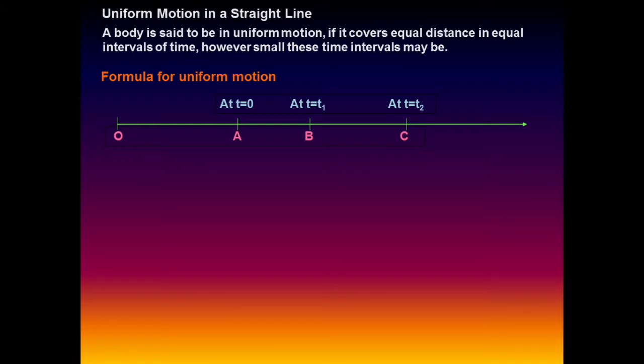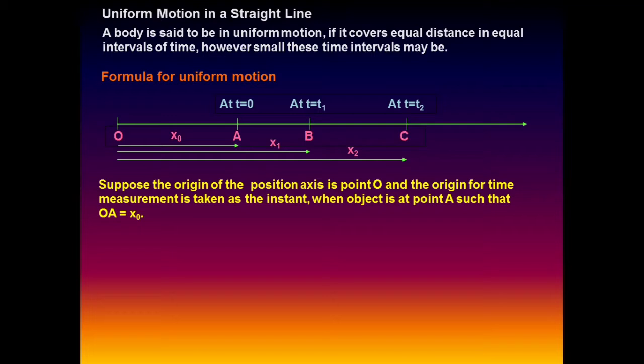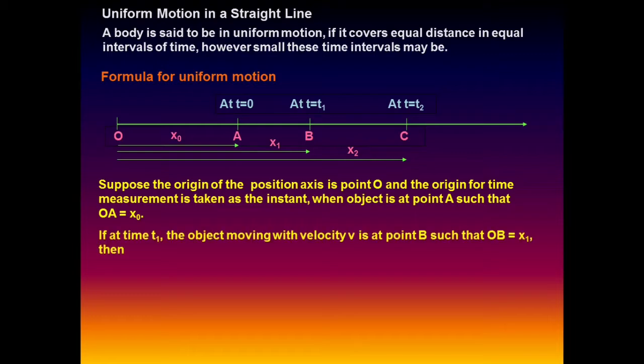Now we can calculate the velocity of the object at the intervals, right? Now that we have taken the first position, OA which is equal to x0, and similarly OB which is equal to x1 and OC which is equal to x2.